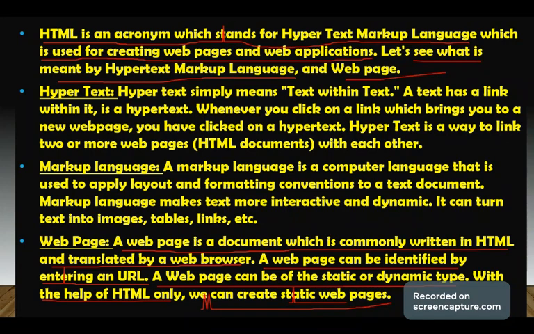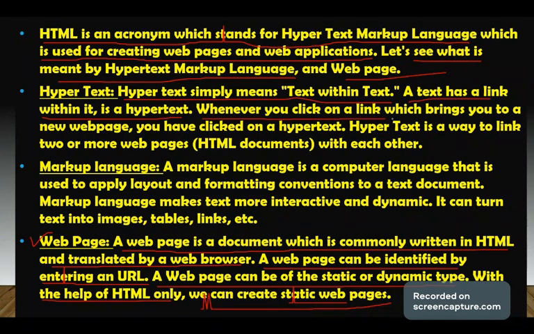So coming ahead, hypertext. Now, what do you mean by the term hypertext? Hypertext simply means the text within text. A text has a link within it. It's called hypertext.